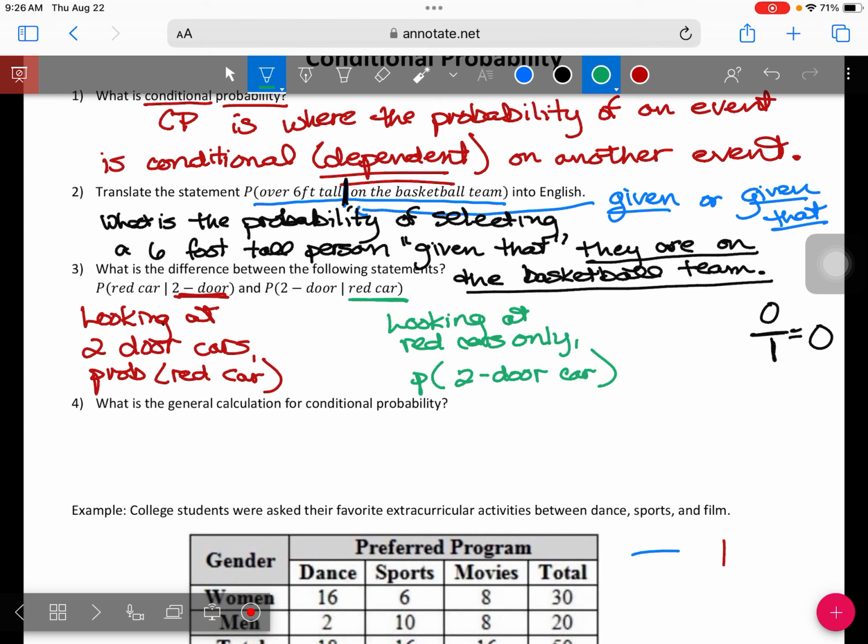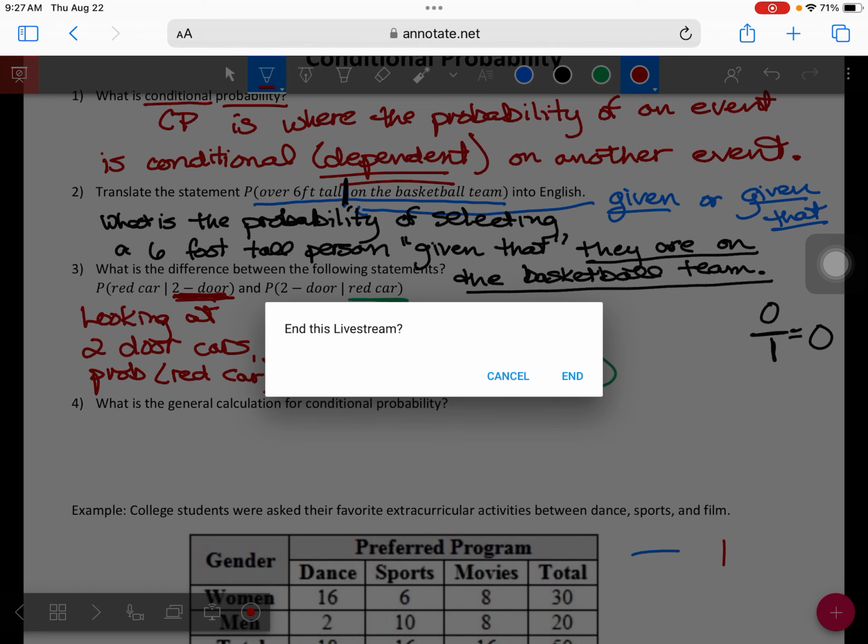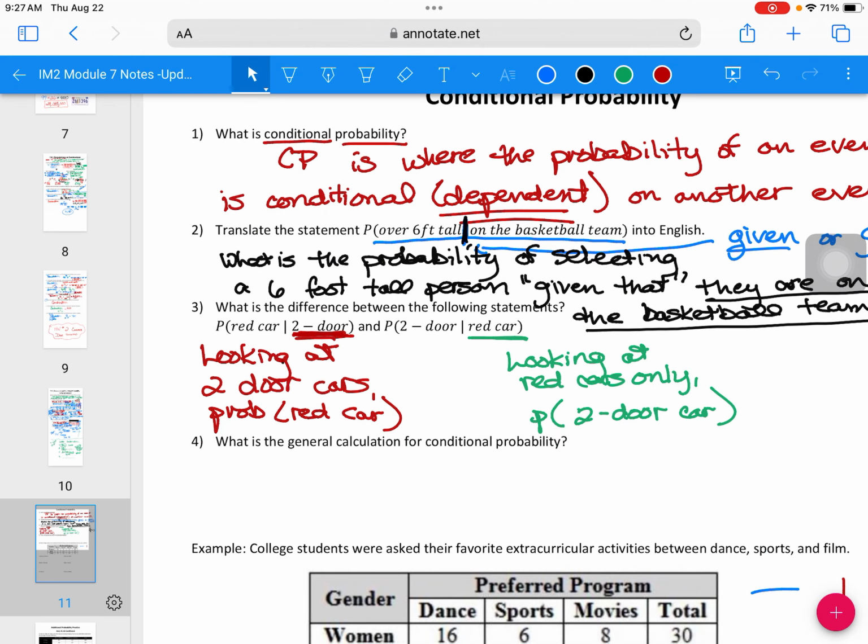So the first one, we're looking at the condition of 2-door cars. And of all those 2-door cars, we're looking at red cars. And the second one, we're looking at all red cars. And then we're looking at 2 doors of those.